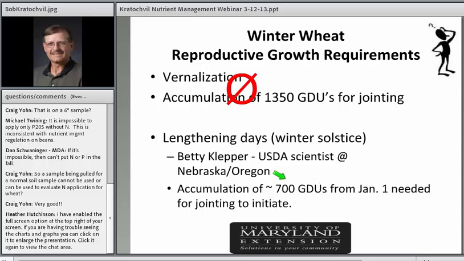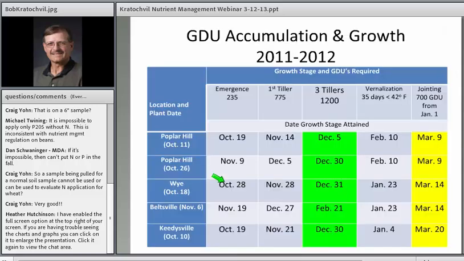If you get those 700 GDUs, you will have the initiation of jointing.